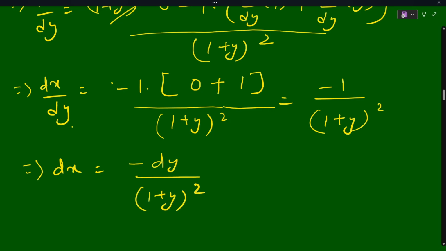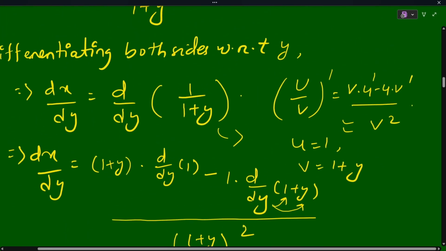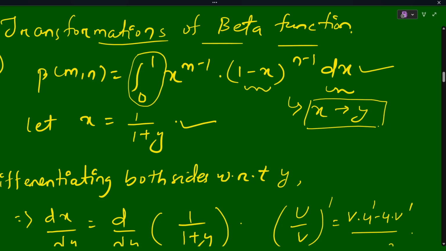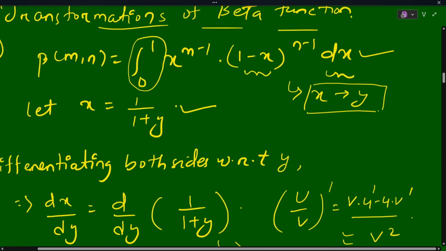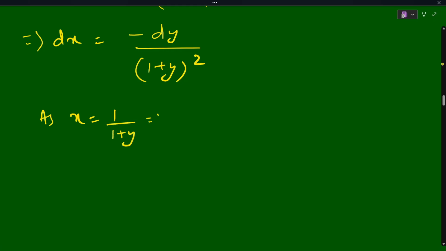Now see what transformations we got. The first transformation is x = 1/(1+y). Now dx we already found out. Then another term is here, this is 1-x, and the limit part. So what will be 1-x? As x is 1/(1+y), 1-x would be 1 minus, in place of x write the value, which is 1/(1+y).